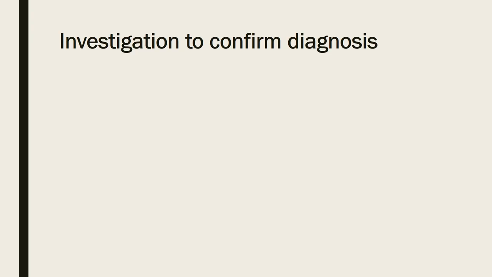Then after that, you have to make the probable and differential diagnosis, and after that go for the specific confirmatory test, whatever you are suspecting by the history, examination and the screening test.